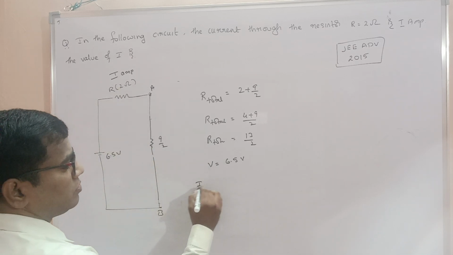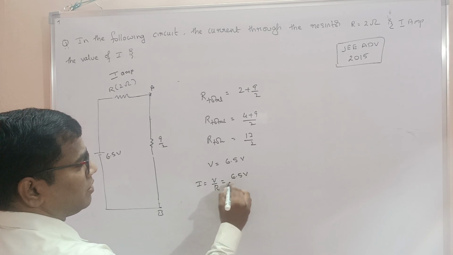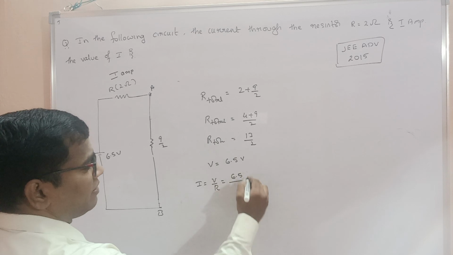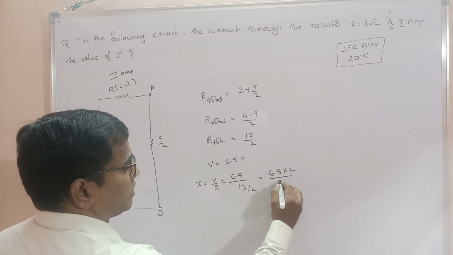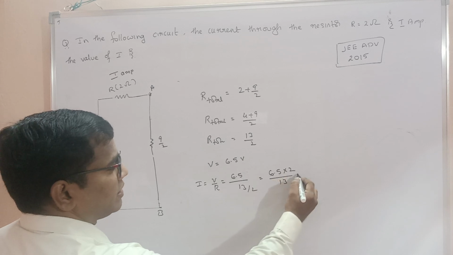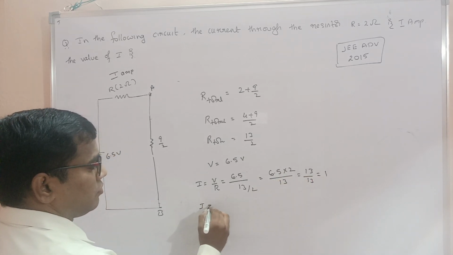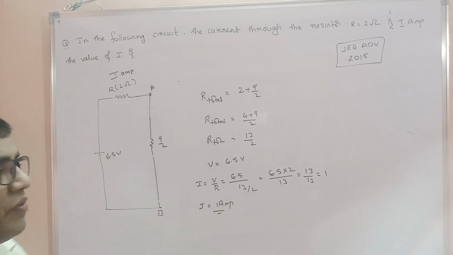So I is equal to V by R. V by R means 6.5 volt by R, which is 13 by 2. I will write 6.5 into 2 by 13. So here 13 by 13 is equal to 1. So I is equal to 1 ampere.